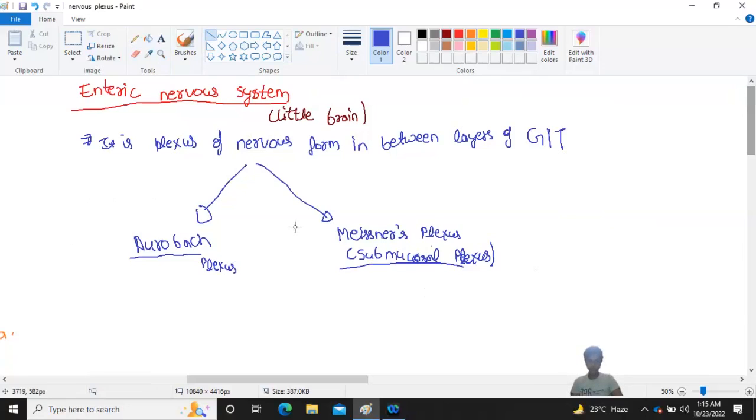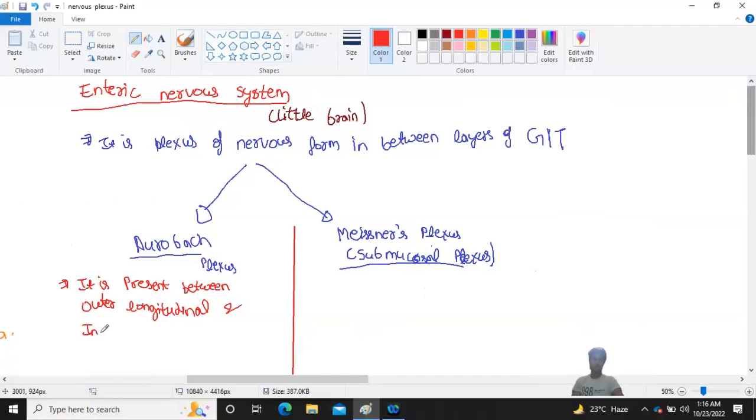So first take a line. First we draw. It is present between the outer longitudinal and inner circular layer.